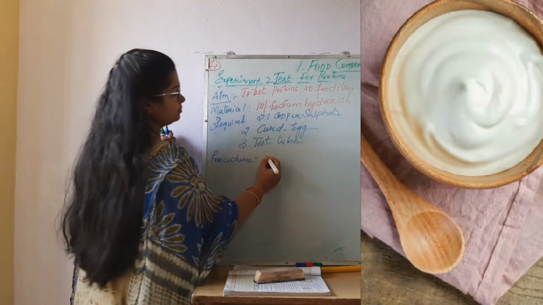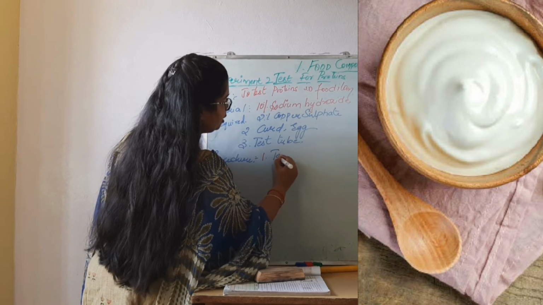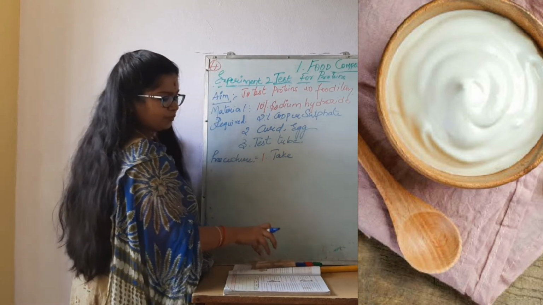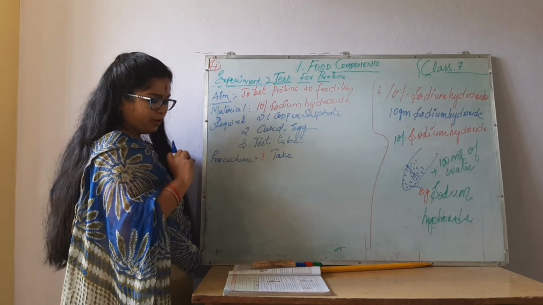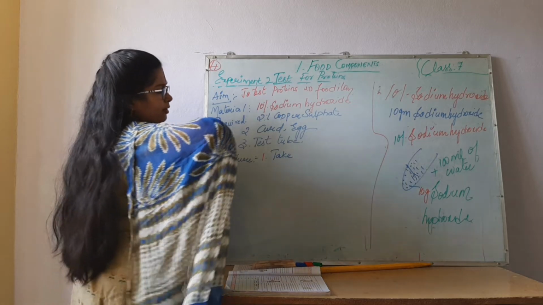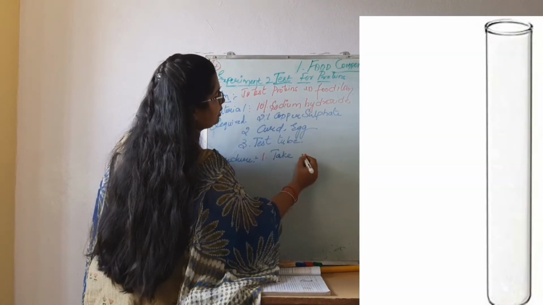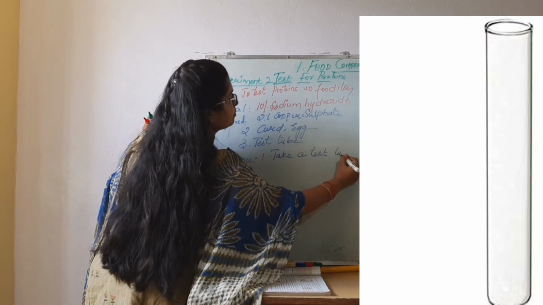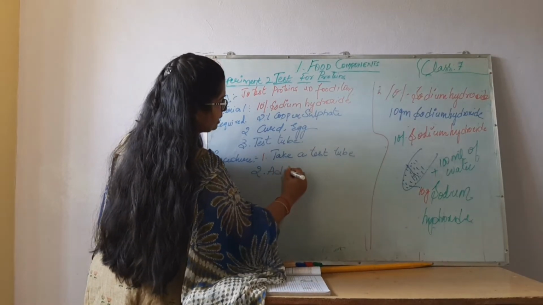Okay, first take a clean test tube. Add 10 drops of this solution. Add 2 drops of copper sulfate solution and 10 drops of sodium hydroxide. Take a test tube, and I am taking curd as an example.